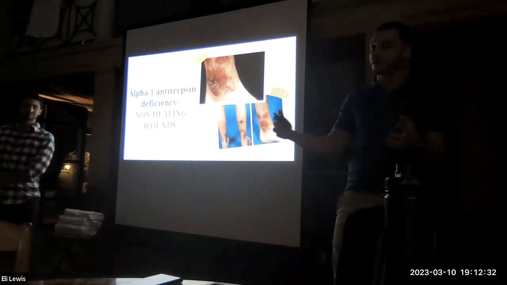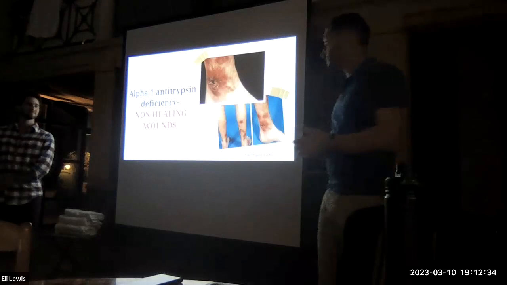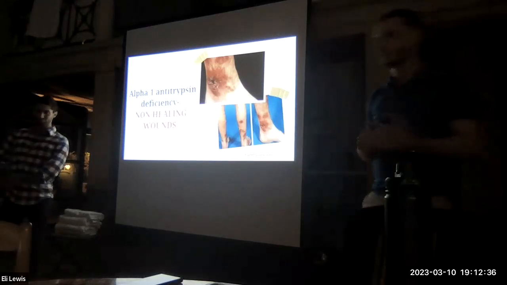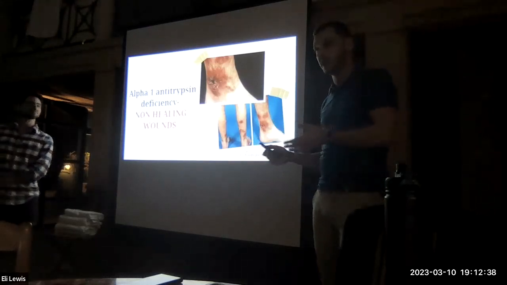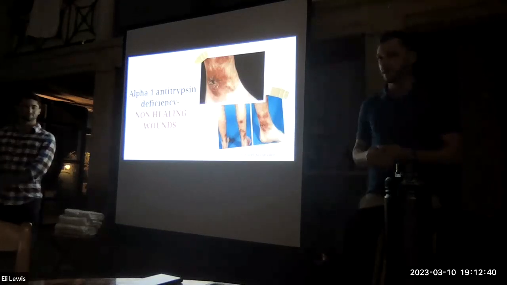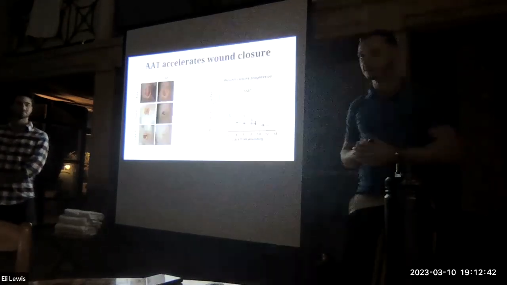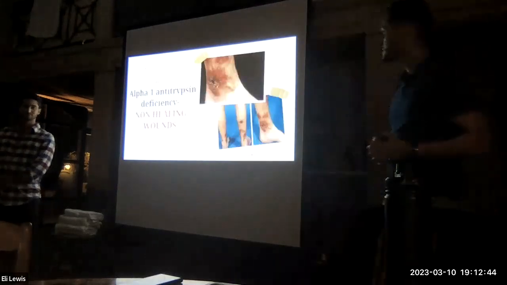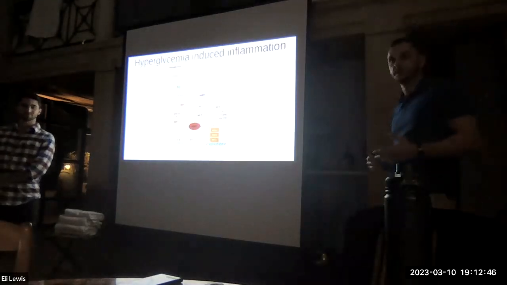It has very bad outcomes both for the well-being and the quality of life of patients, and has significant financial costs to the system. And so we try to understand what happens there.